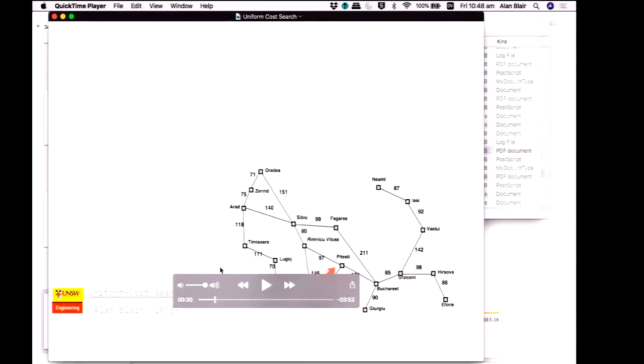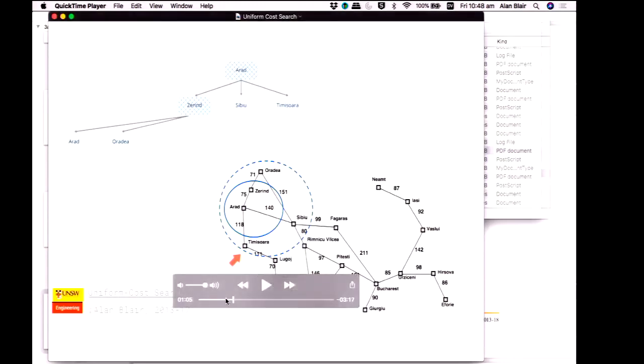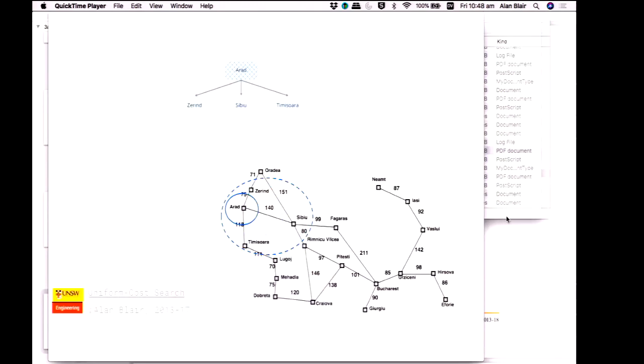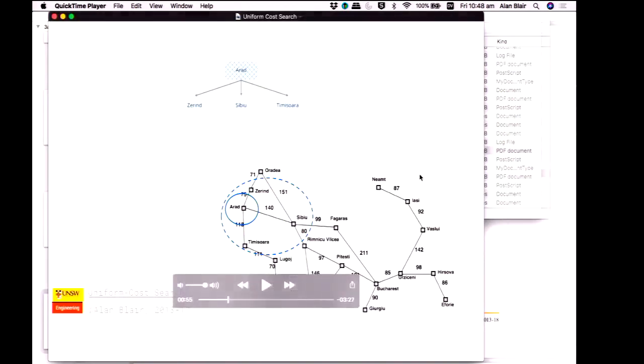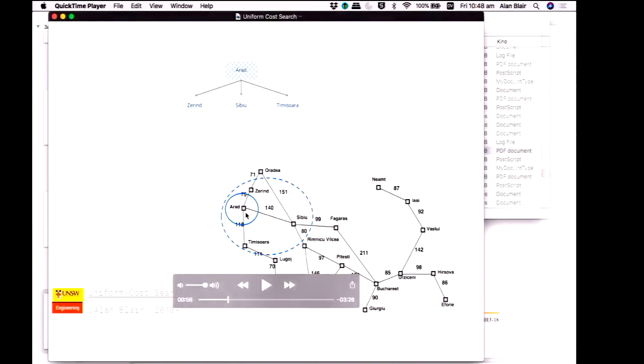So here, we start by expanding Arad. With breadth first search, we had an equal choice of these 3 cities, but with uniform cost search, we actually look at these distances. This is 140, that's 75, 110. We expand Zerind first because it's the shortest path.